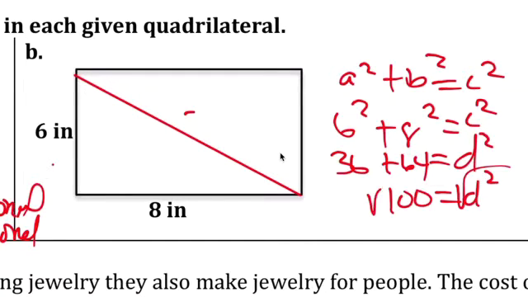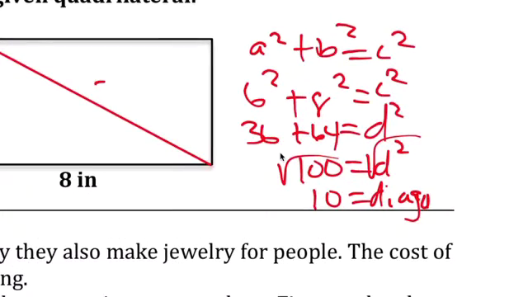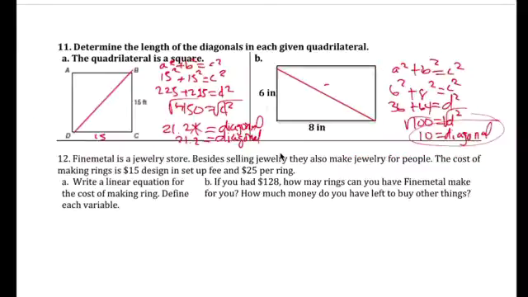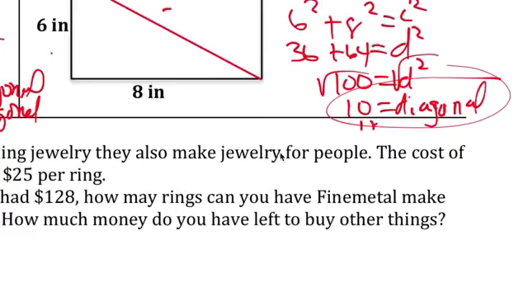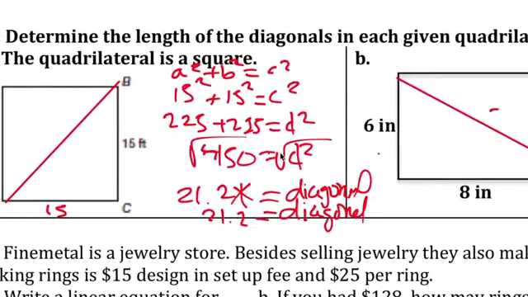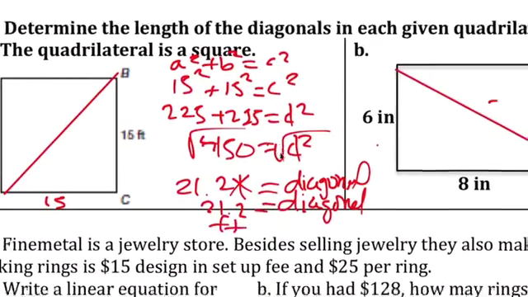Take the square root of 100, it's 10. The diagonal is 10. Inches. I got units in there. We got units here, this is feet.